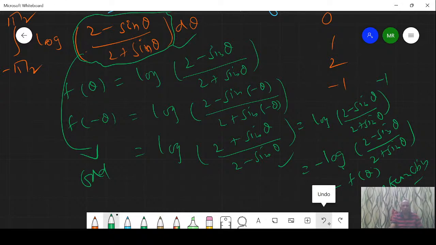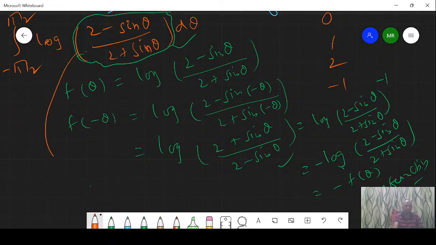Then if the function is odd, what is the answer? Since this function is odd, the answer will be 0.